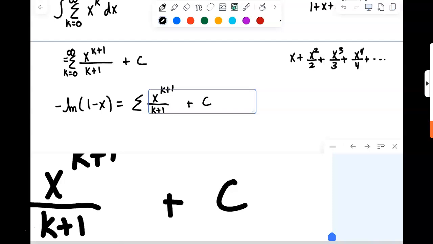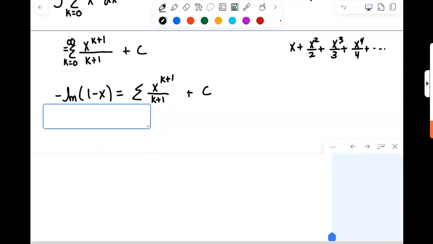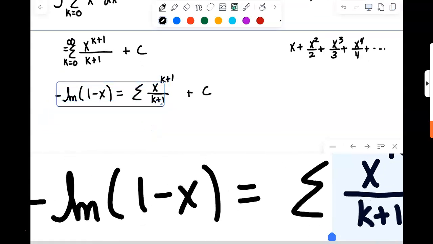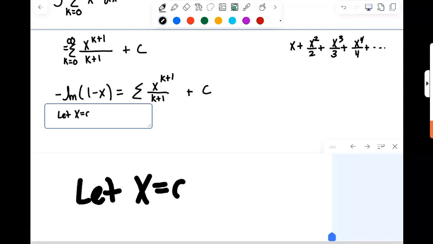So we need to figure out what c is. But fortunately, we can very easily do that by just saying let x be 0.